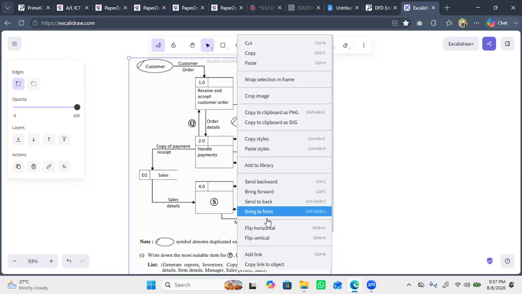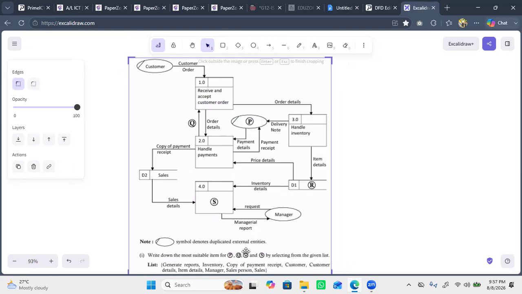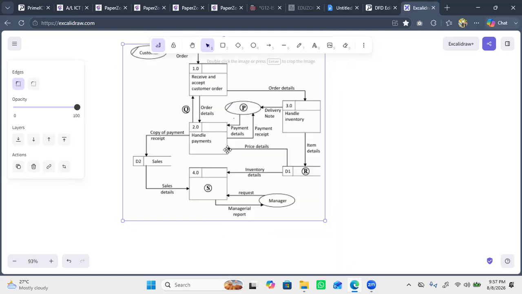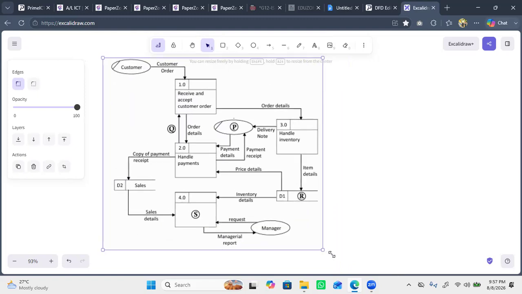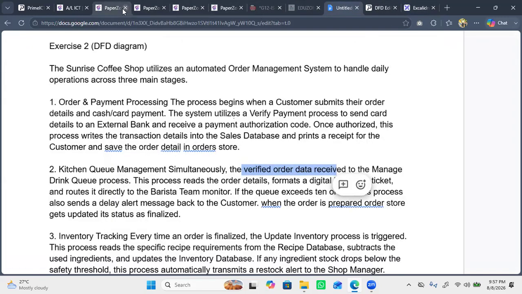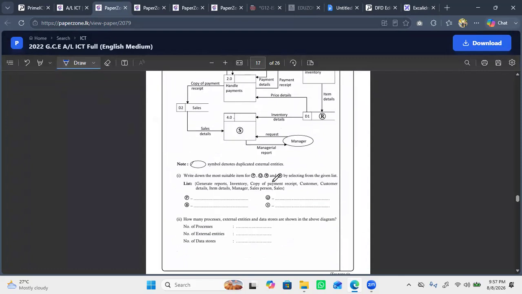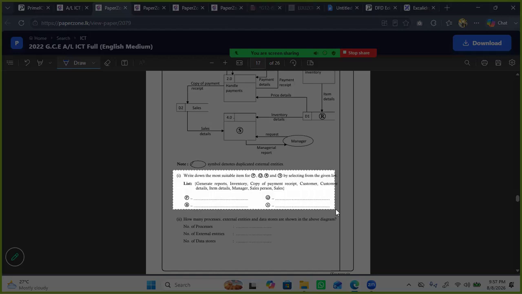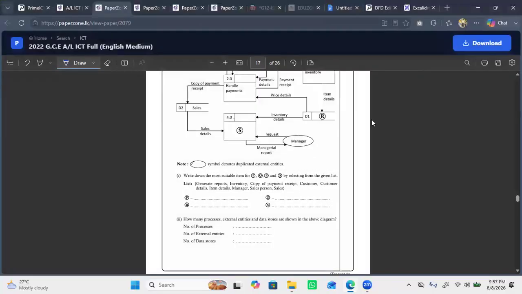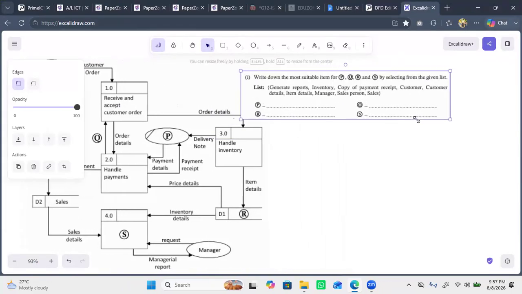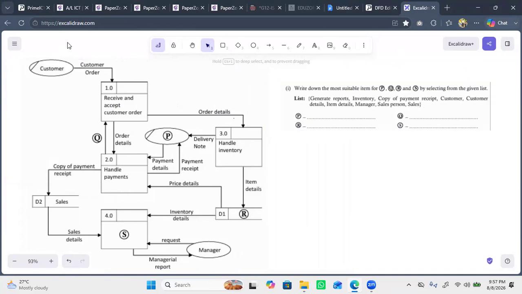Okay, wait. I can crop this and make it big. Fine. Then I will give you the list separately. This is the list.